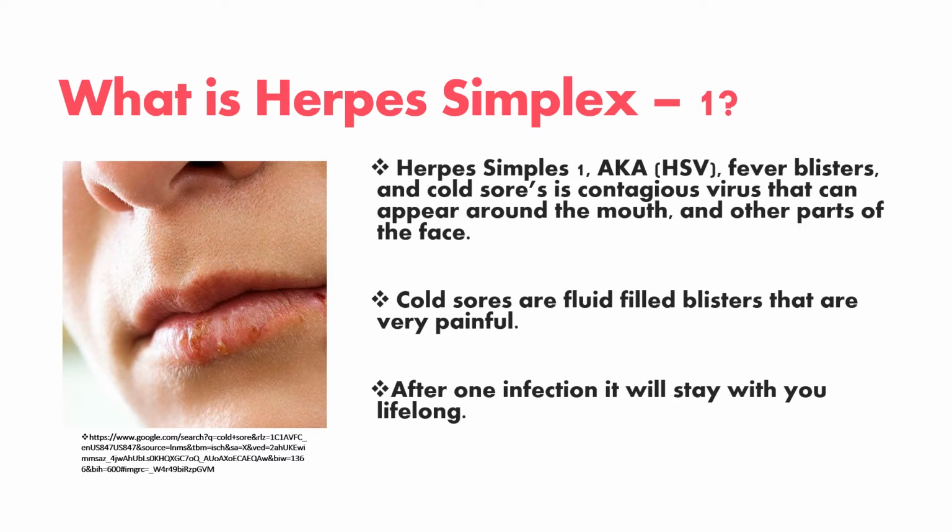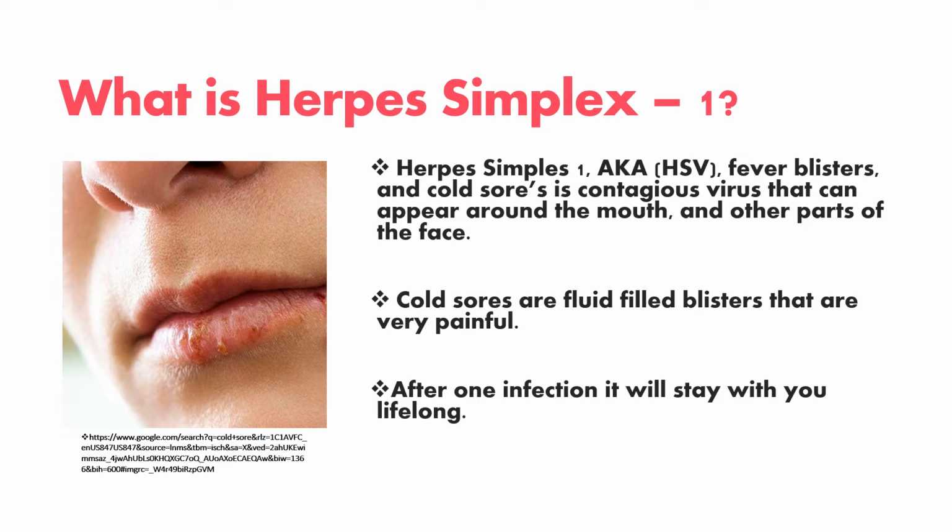Herpes simplex 2 is what is called genital herpes, while herpes simplex 1 can transfer onto the genital area. It is not considered herpes simplex 2. Herpes simplex 2 is strictly on the genitals, and it can, of course, be in the oral area if it is contaminated there. They are different, but they can be on the face or on the genital area.